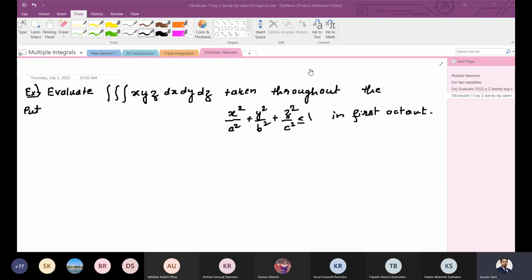Now we have solved one example, you have the idea. x square upon a square equal to u, y square upon b square equal to v, z square upon c square equal to w.